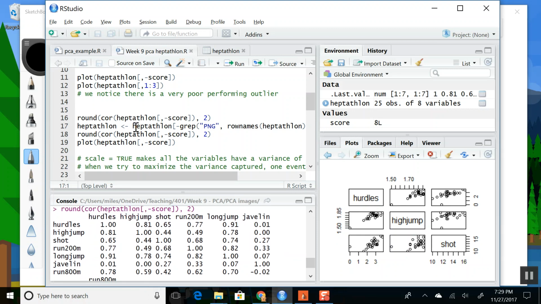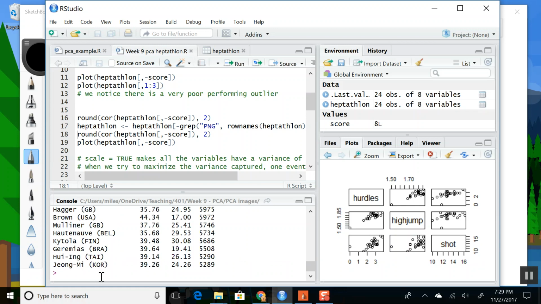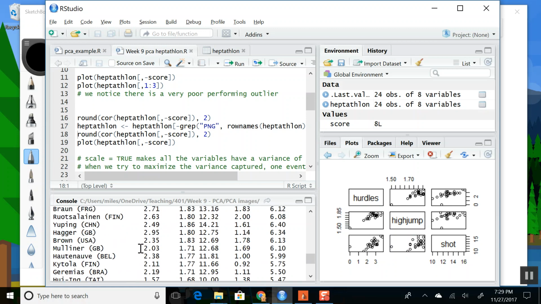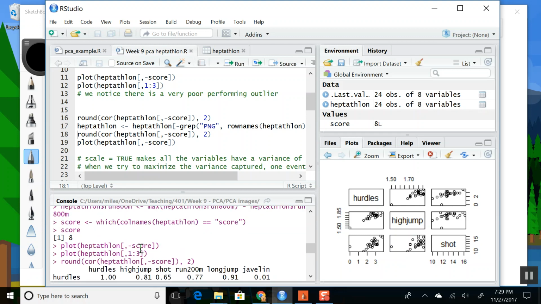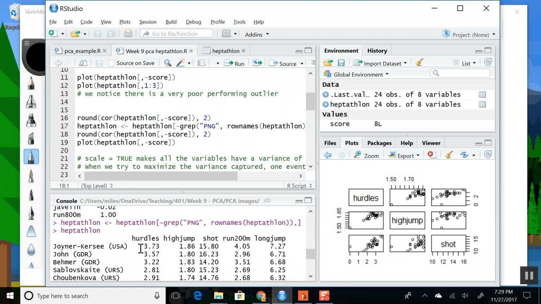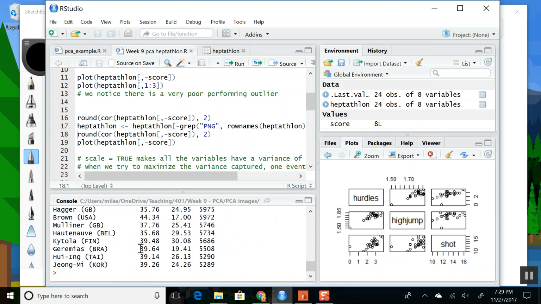And if I just take a look at heptathlon here, 1, 2, 3, 4, 5, 6, 7.